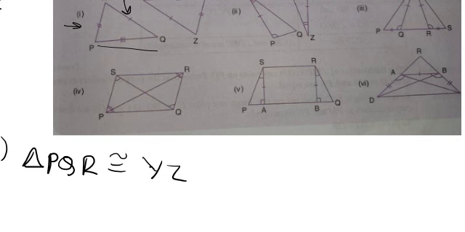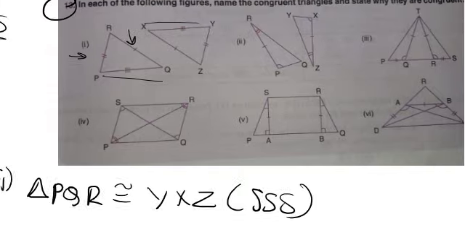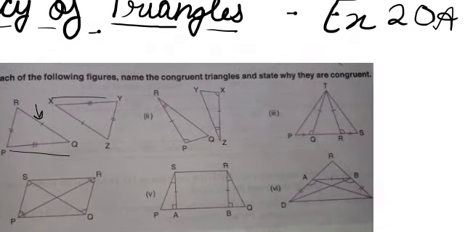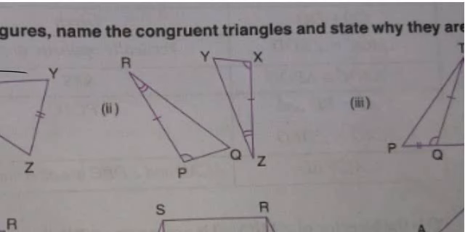So YX, that is congruent to, and the third letter is Z, so YXZ, and the rule will be SSS, right? Side side side.